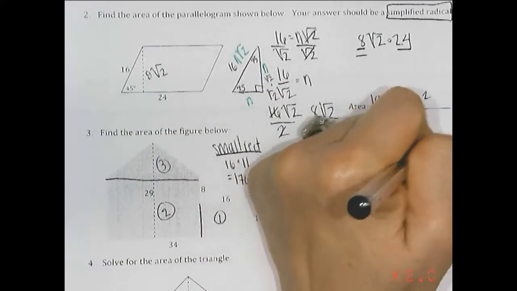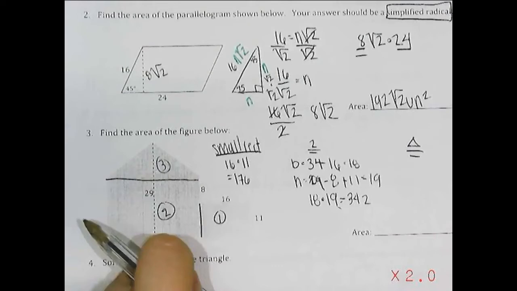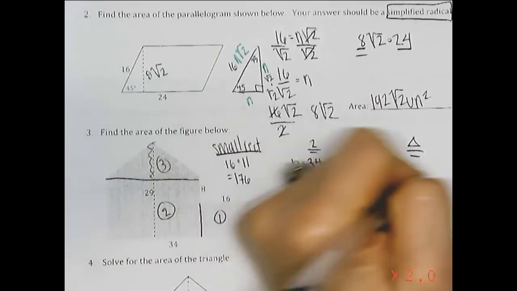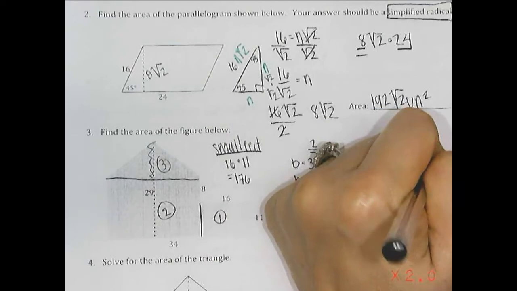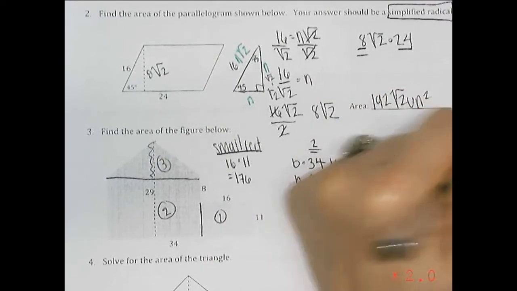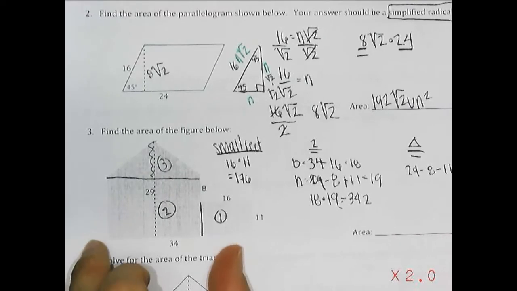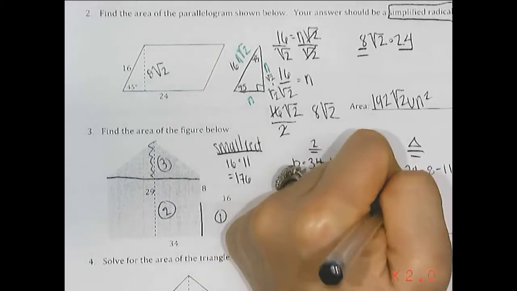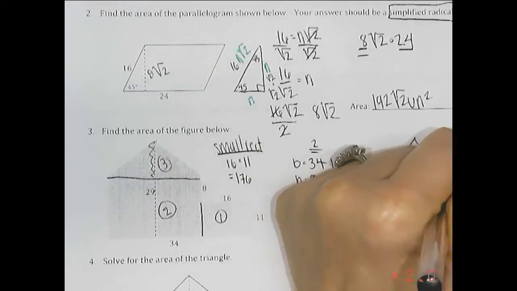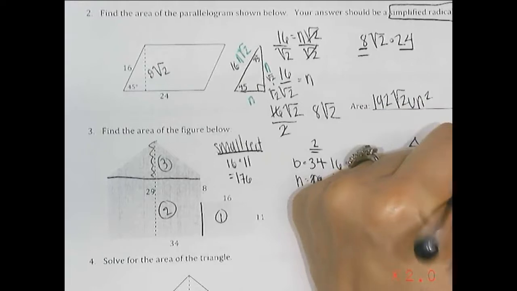Then I get to my triangle. So my triangle, or shape number 3, now I'm going to take 29 minus 8 minus 11 to find my height, this little bit right here. So 29 minus 8 minus 11, and I will get 10. And then for my base, well, it was the same base as before, 34, so this is my height. My base was 34 minus the 16. And the same as the triangle, and that would give me 18.